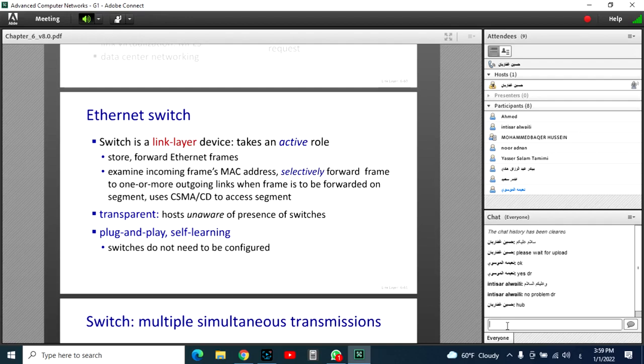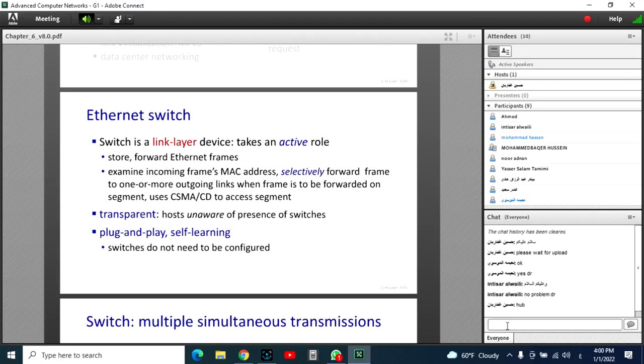What does it mean? If I want to send some data from port number 1 to number 2, at the same time I couldn't send data, for example, from port number 3 to port number 4. Why?